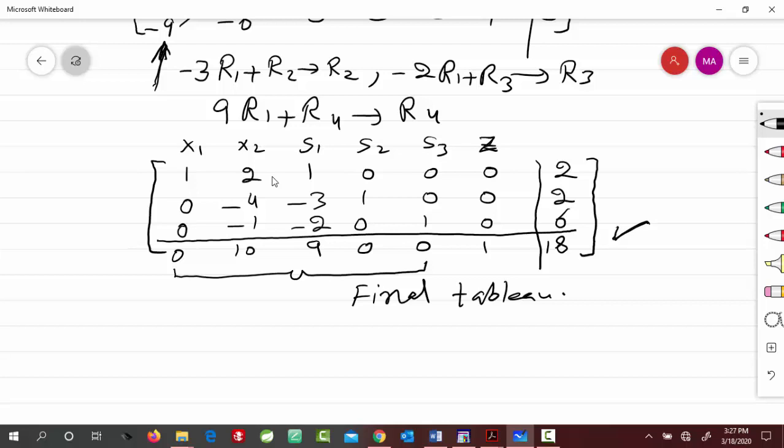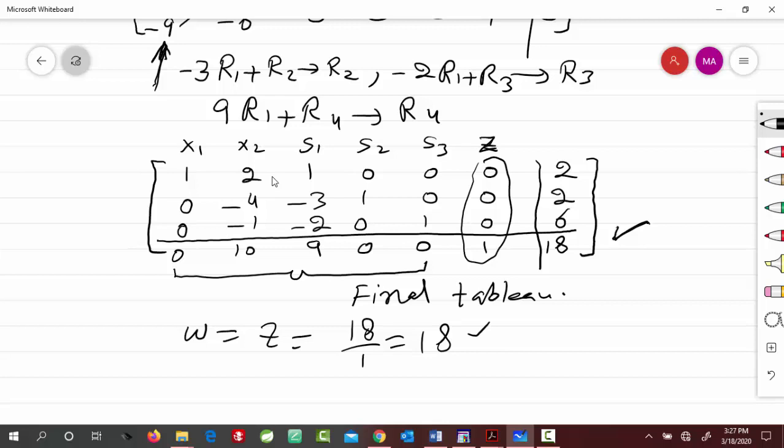Because the dual problems have the same solution, W would be the same as Z. In this column, there is only one non-zero number, that's 1. So the Z value would be 18 by 1, which is equal to 18. So W would be 18.